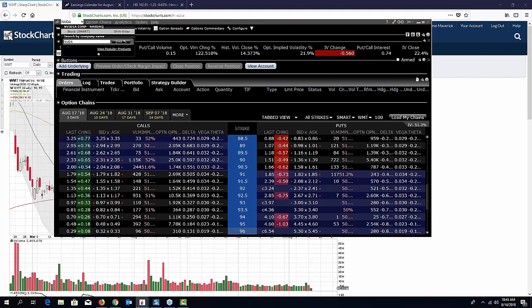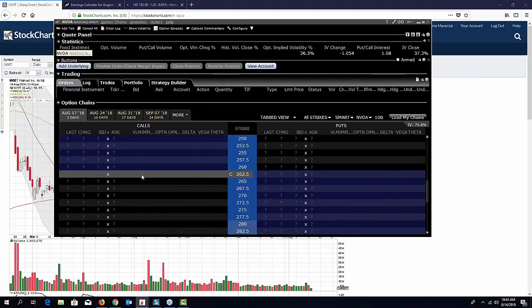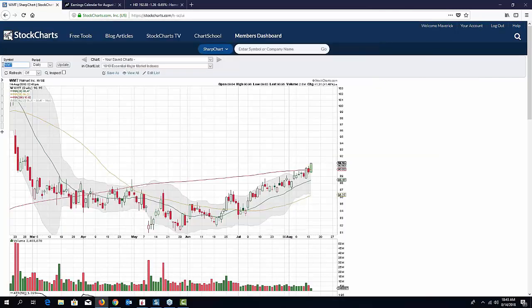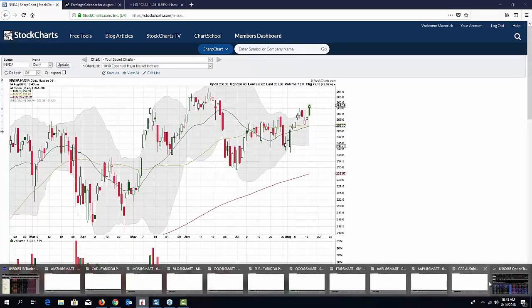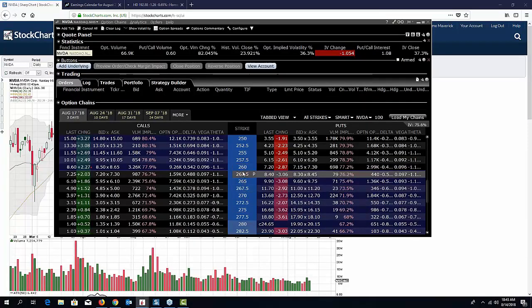Let's do Nvidia since we're on the topic and doing a comparison. So Nvidia is at the money straddle. If we put it into percentage terms, stock's around 260-ish. We know the straddle was going for, what was it, 1590, something like that. So 1590 on the straddle divided by its share price of 260.